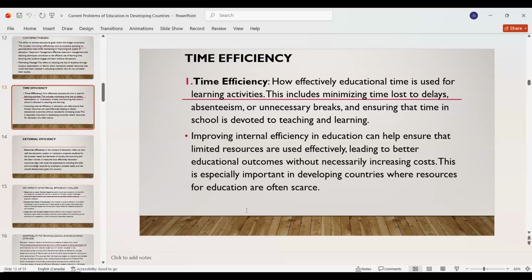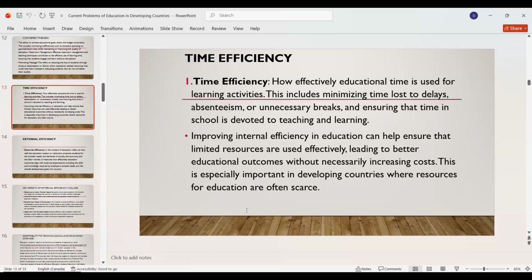So in rural areas, the urban areas, of course, the popular schools have rules and regulations. Parents are pushing, right? So the children as well as the teachers have to be on time, right?